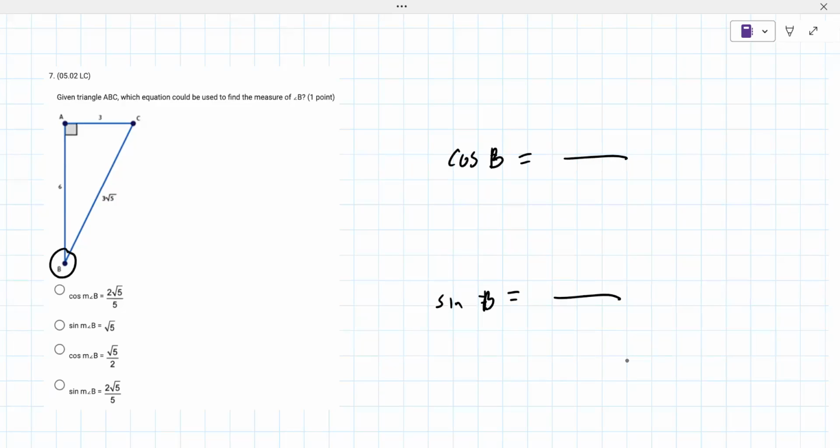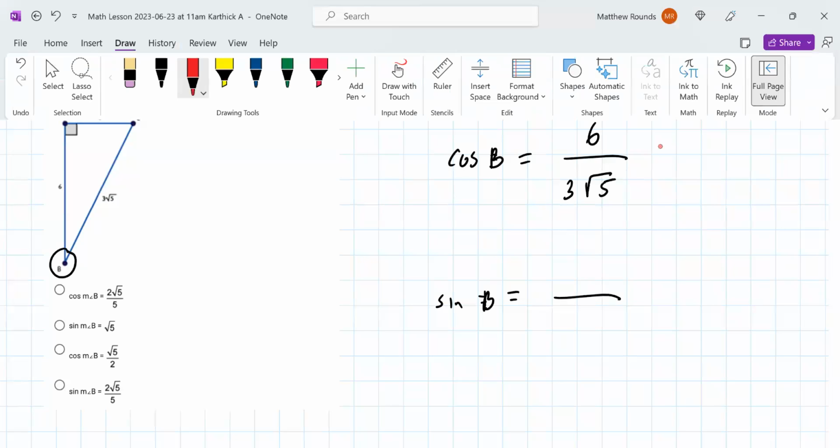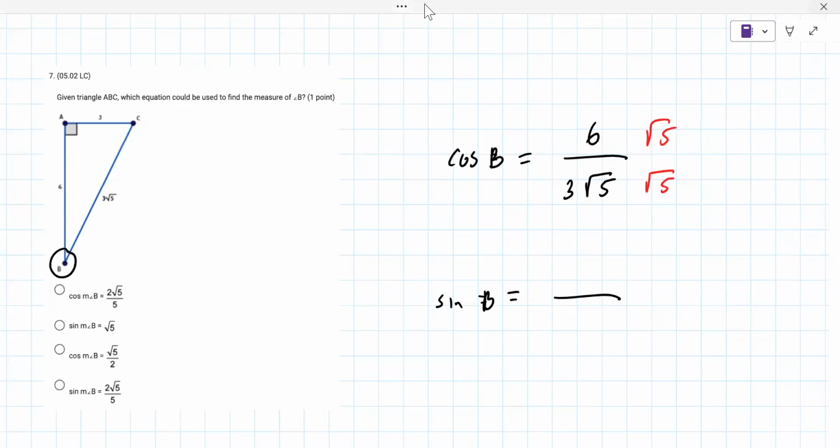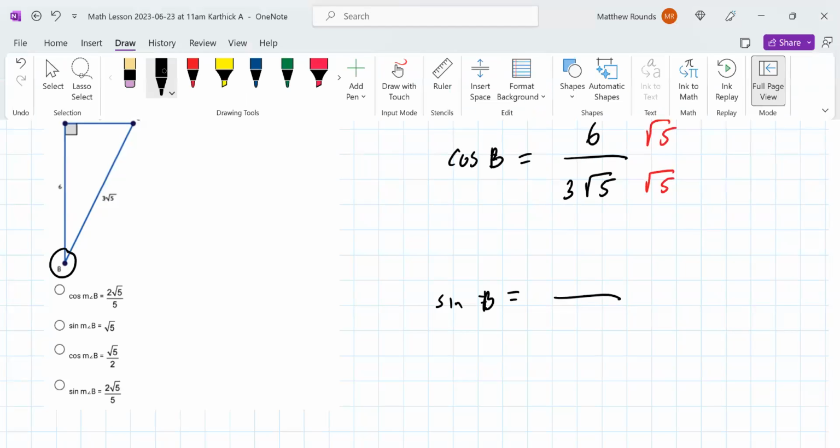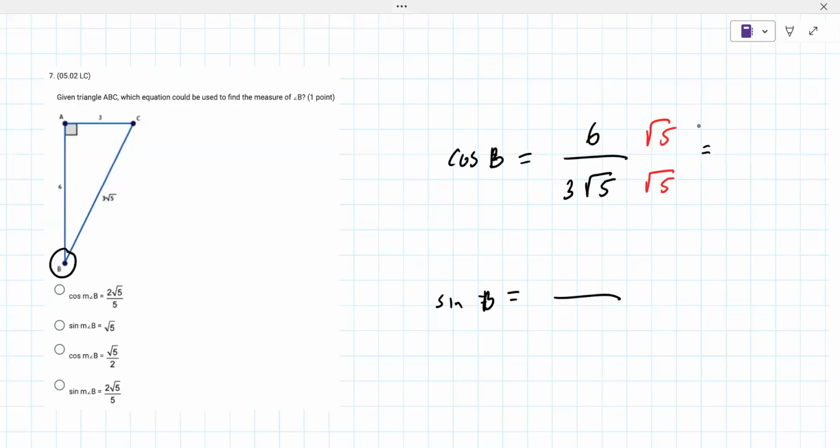Cosine would be 6 over 3 root 5. Good. Okay, now to rationalize this, you have to multiply the top and bottom by root 5. So what that does is it makes 6 root 5 over 3 times 5.